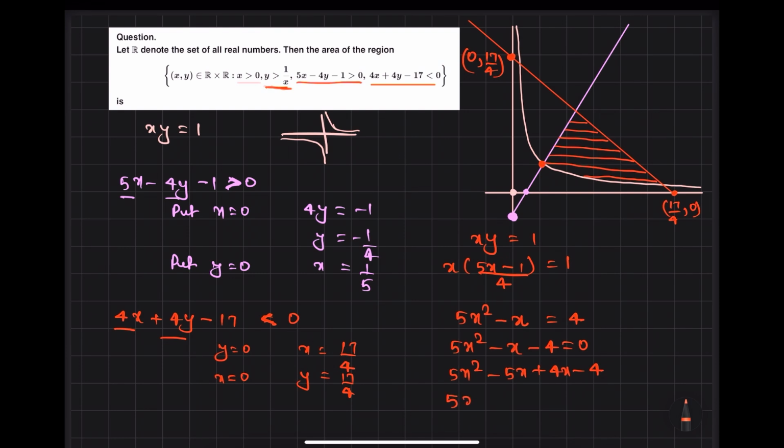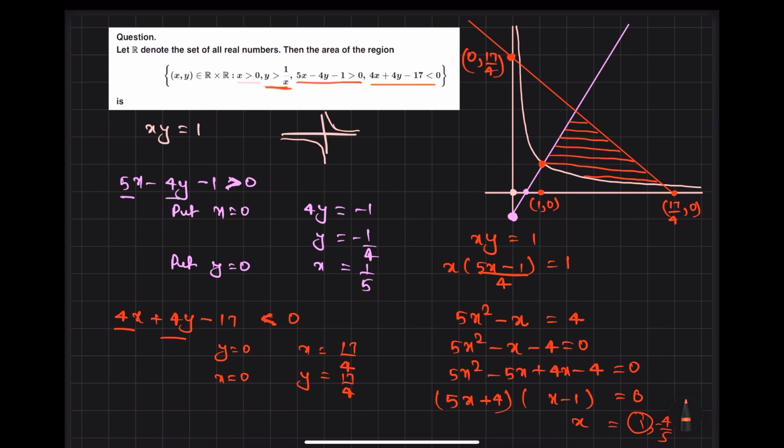We take 5x common, and then 4 common, so we have (5x plus 4)(x minus 1). So we got the value of x as 1 and minus 4 by 5. So the required x is 1. So can I say that this is 1 comma 0?